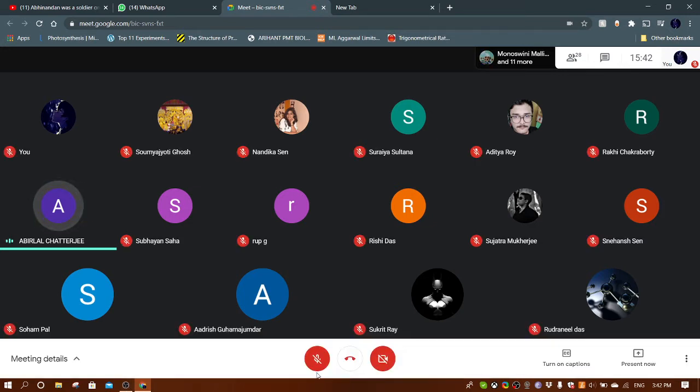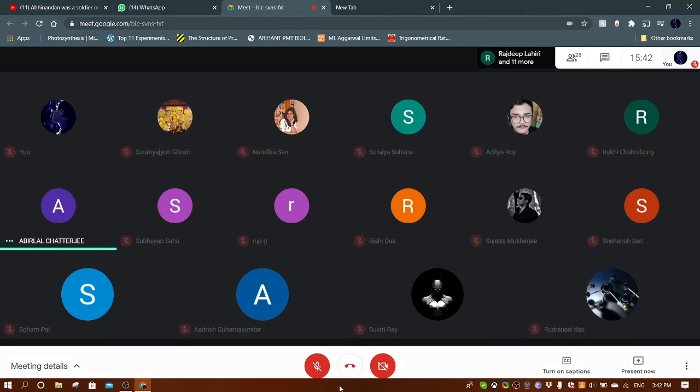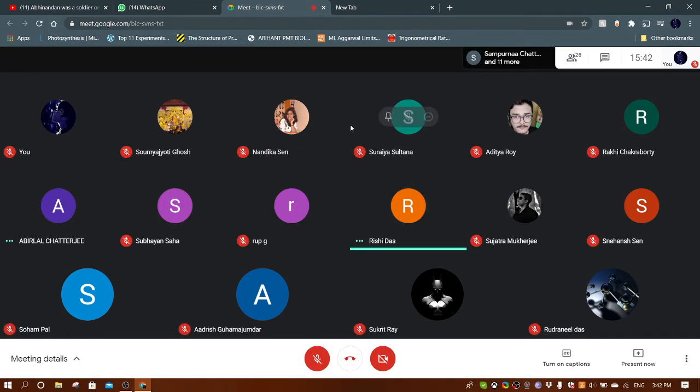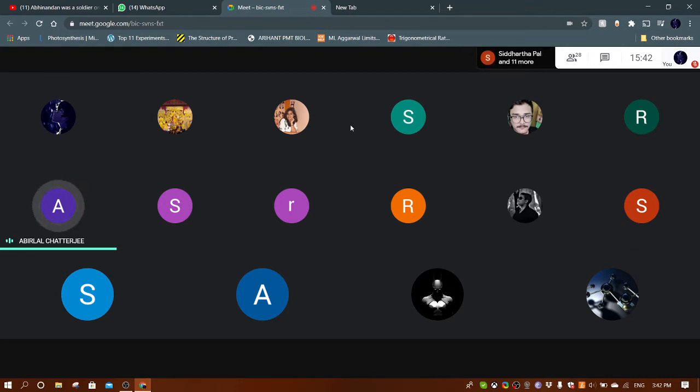What is the value of R? 0.0821. R is 8.3 in SI units, joule per mole per Kelvin. Remember it, capital R, absolute gas constant.